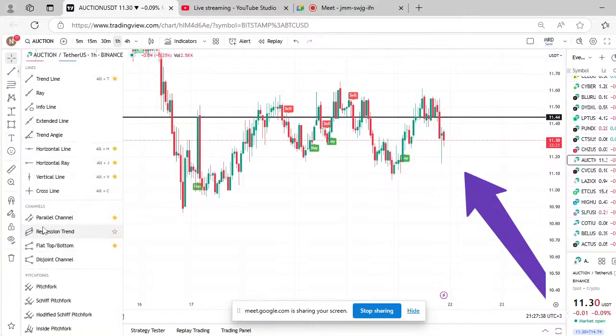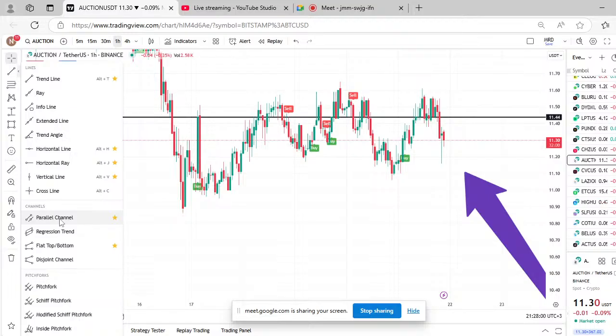It is called parallel channel. When you go under channels, you will definitely find it there. This parallel channel will help us to know where to enter from and to know where to exit from.